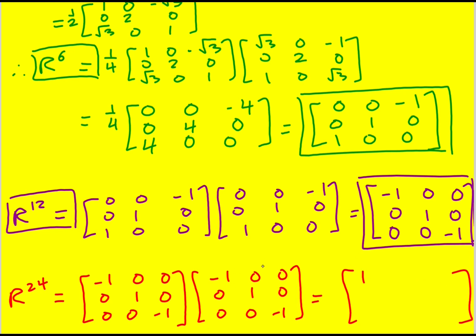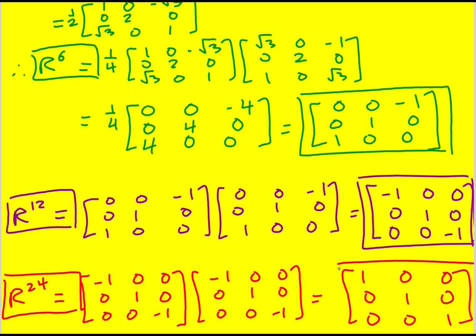Get 1, 0, 0, then 0, 1, 0, then 0, 0, 1. Wow, we actually get back to the identity matrix after we multiplied r by itself 24 times.